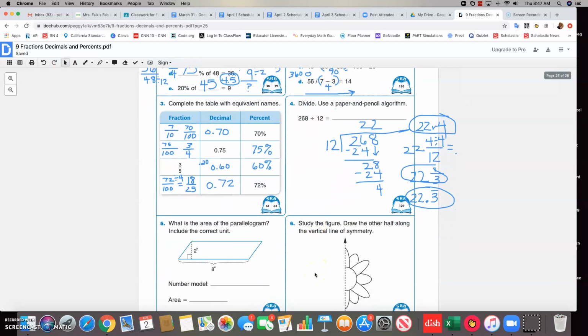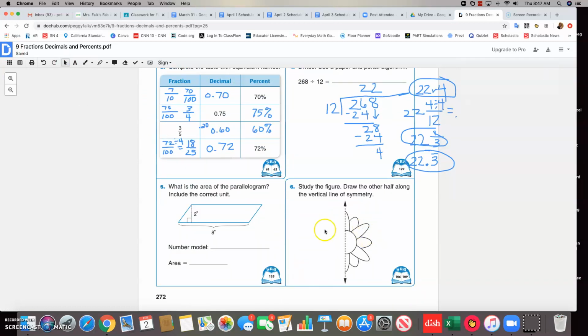Okay. Then down here, as long as you do your best. Now, I'm not going to do a very good job, so as long as this side over here looks exactly like that. Okay, that's symmetry. Now the number model here was to find the area per parallelogram. I want the base and multiply that times how tall it is, which is 2.